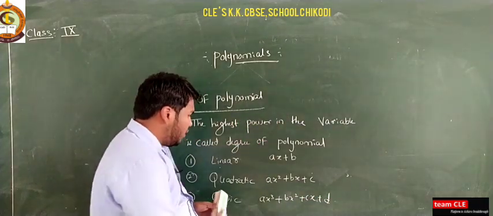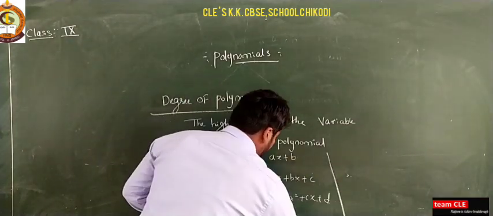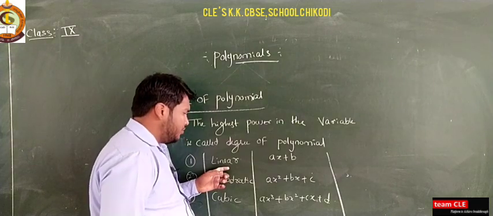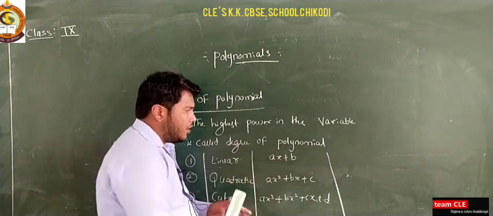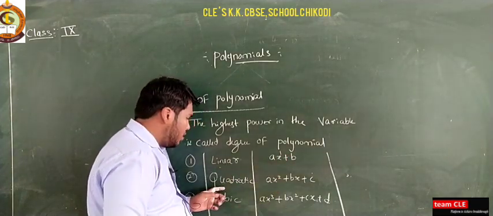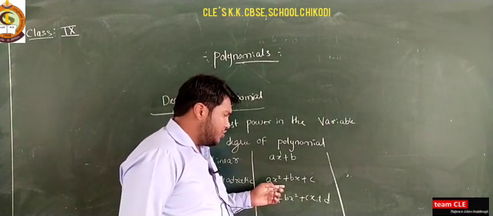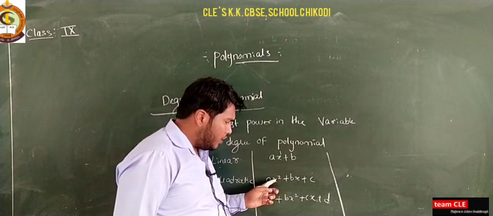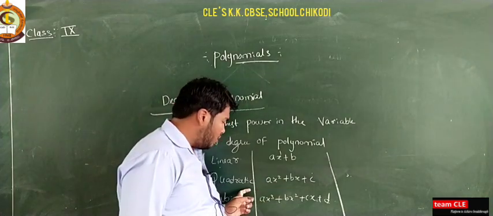Okay, so here you are having the 3 types of polynomials. Linear: an expression whose power of the variable is 1 is called a linear polynomial. Quadratic polynomial is an algebraic expression whose highest power of the variable is 2. Such type of expression is called a quadratic polynomial.